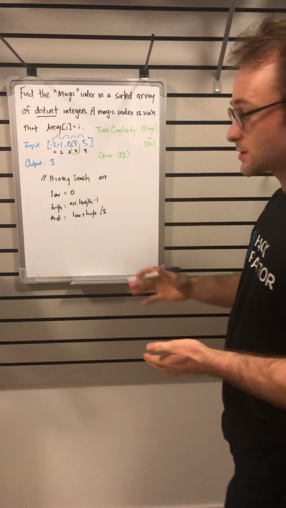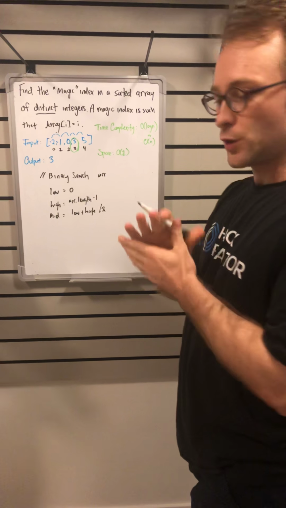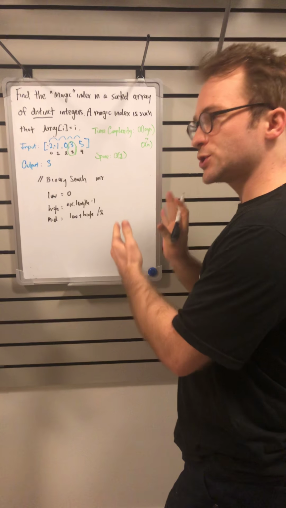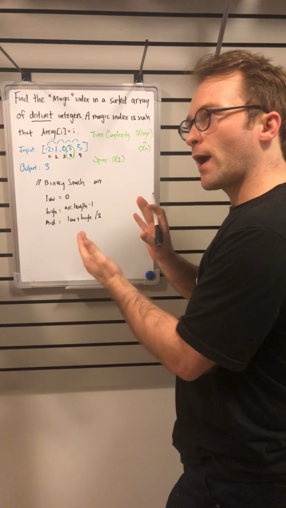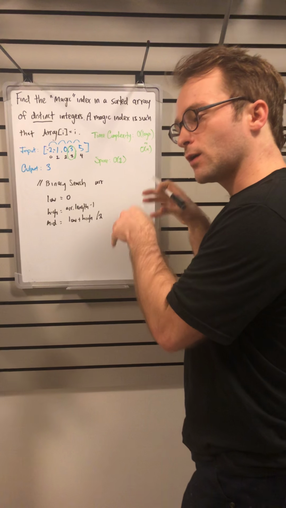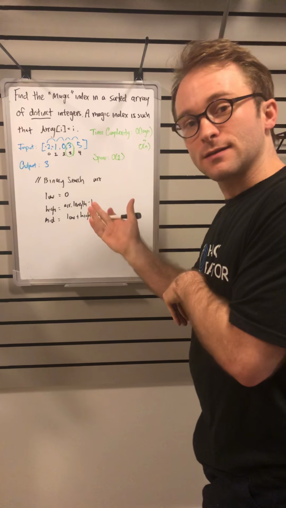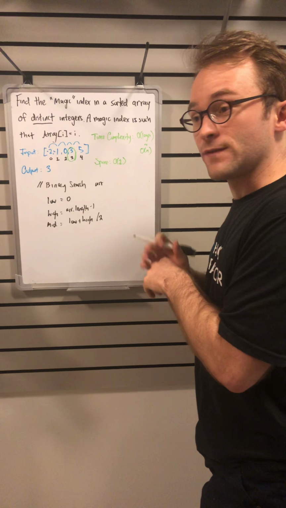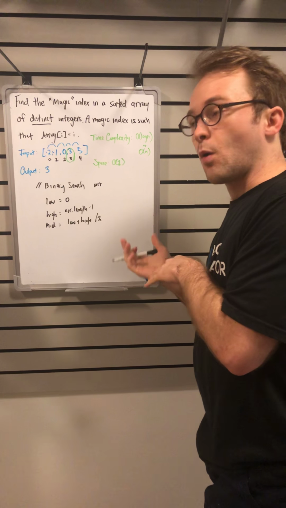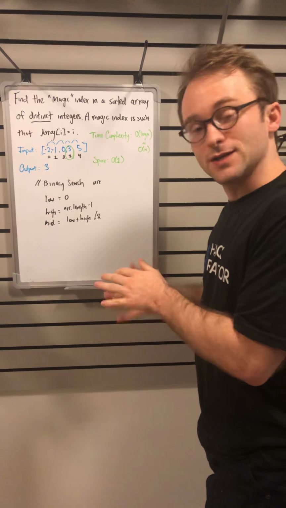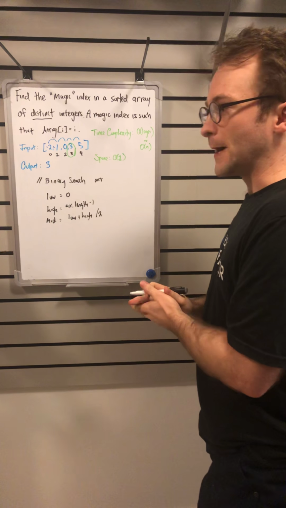This will give us our midpoint, which we will use as a way to check where we're at in the array, if the index is equal to the element, or if it's greater than the element, or if it's less than the element. And depending on those conditions, we'll do something.